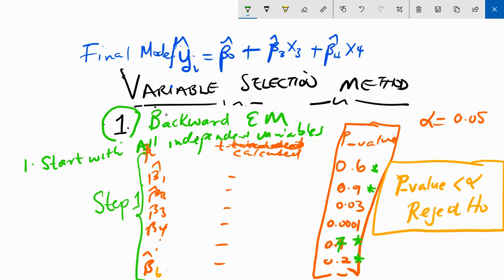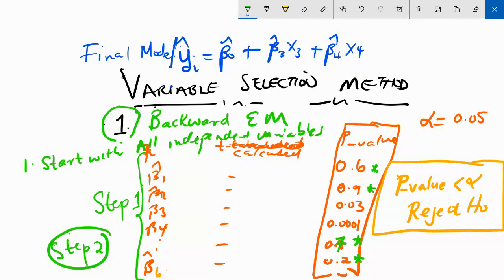The software will move to another step, step number 2. It is going to fit the model again, but without x2, so with x1, x3, x4, x5, and x6.